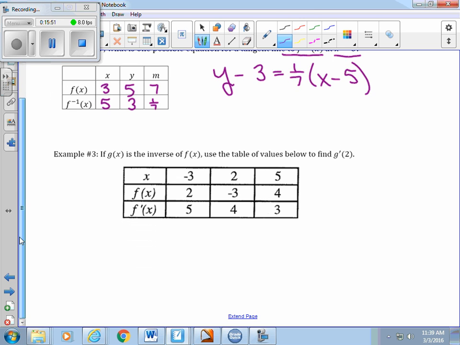All right. If g of x is the inverse of f of x, use the table to find g prime of 2. This is not the table that I made up. This is a table they gave me. If I want to use the table, what do I have to do? I have to draw it, right?